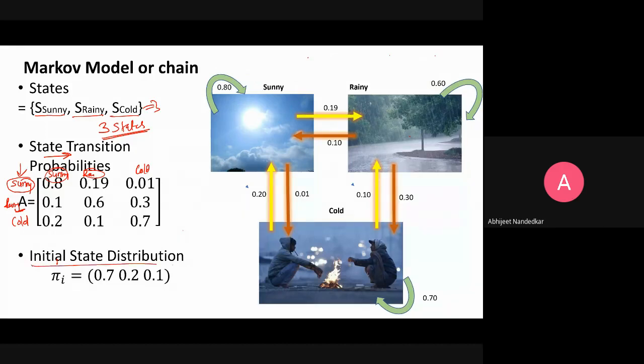Now the initial state distribution is like this. That means this is state sunny, then this is rainy, and this is cold. So this is the initial distribution given to you. This is the beginning of your model.